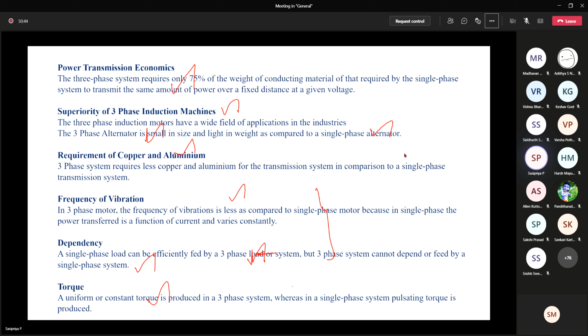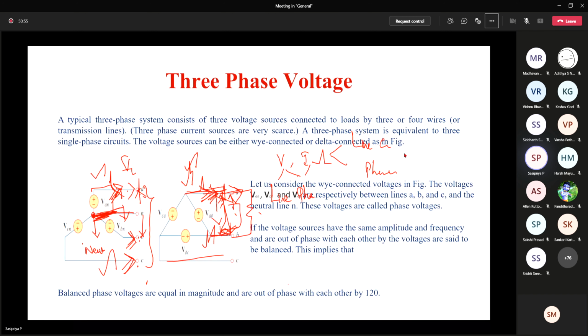It's not necessary that a 3-phase system should be connected only to a 3-phase load. Even a single phase load can be connected to it. Let us continue with the voltage and current relationships: the relationship between line voltage and line current, line voltage and phasor voltage, line current and phasor current. Let us continue in the next class.